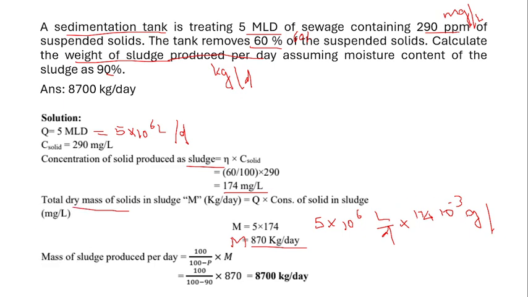We can write the 1000 grams as kg. Liter will get cancelled, so 870 kg per day. This is the total dry mass of solid in the sludge, written in kg per day.